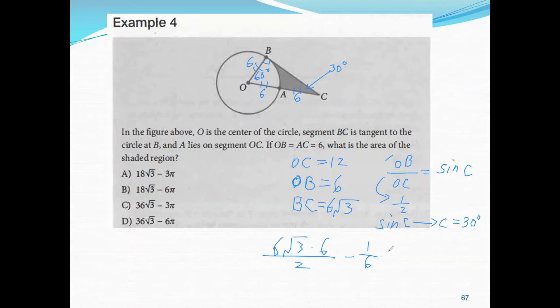Then we calculate the area. It's pi r squared. What is r? That's 6 squared. And we cancel out, and here we get what? 18 square root of 3 minus 6 pi. Looks like the answer is B.